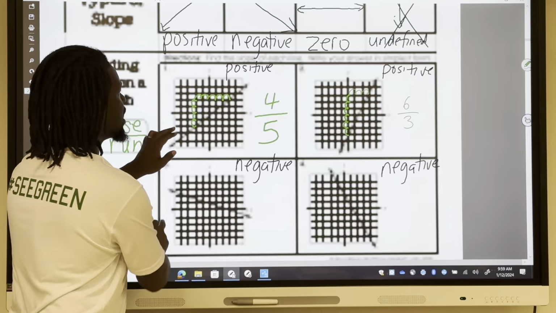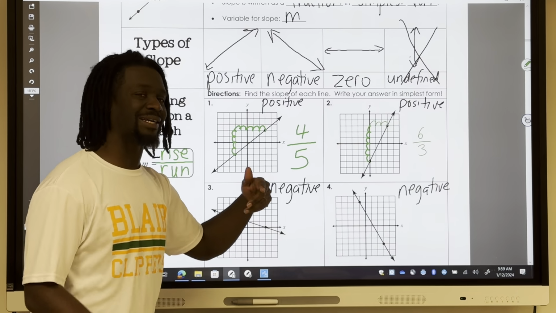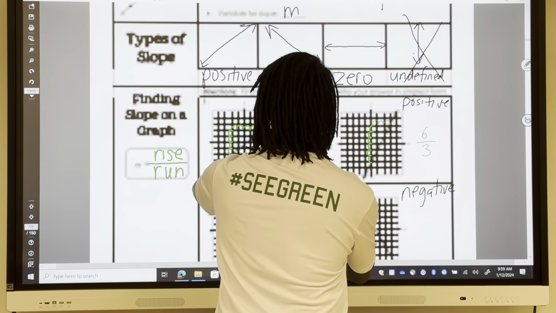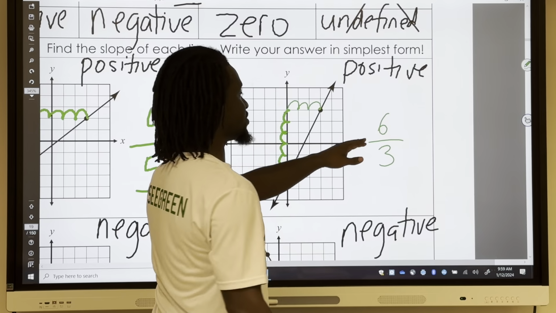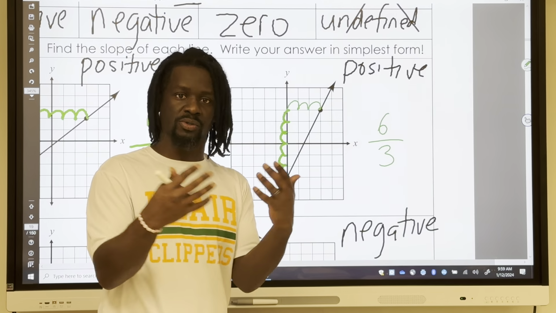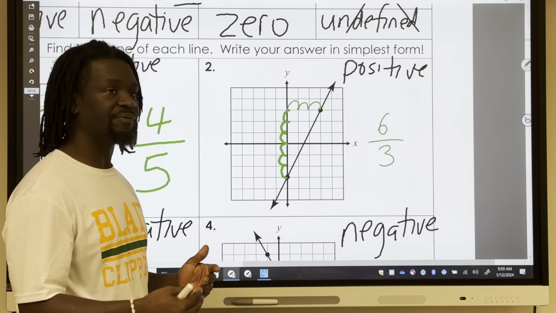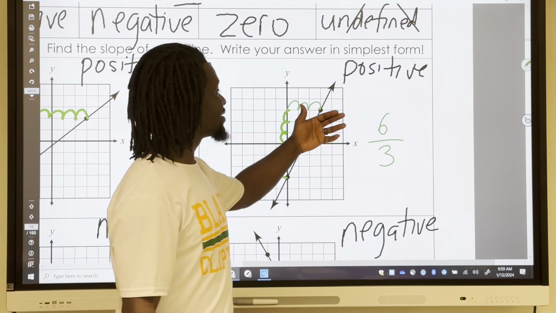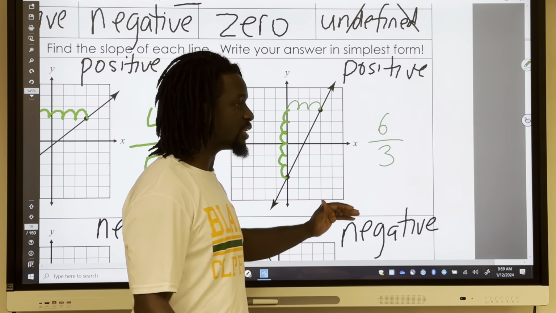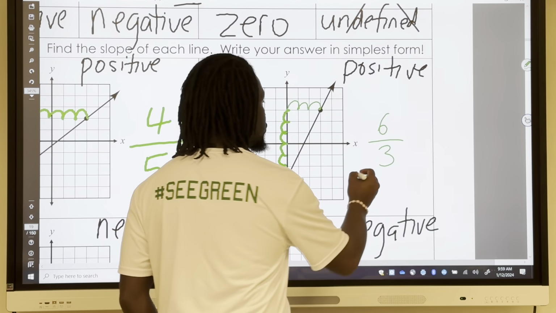Now remember, we said that the slope was written as a fraction in simplest form. So we've got to simplify this if we can. Okay, now if you struggle to reduce or to simplify, you can just use Desmos. Just type in the fraction 6 over 3 and it'll give you the fraction in simplest form.